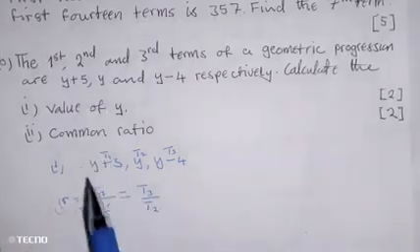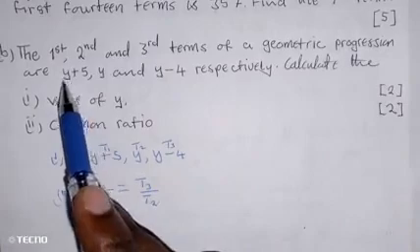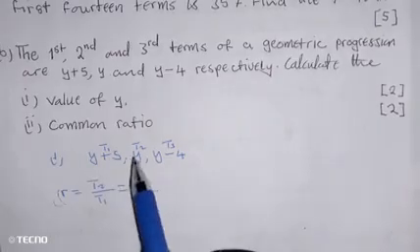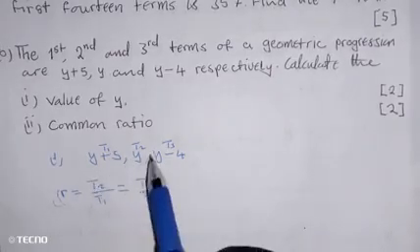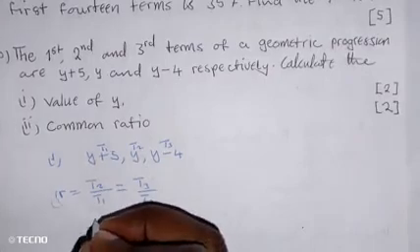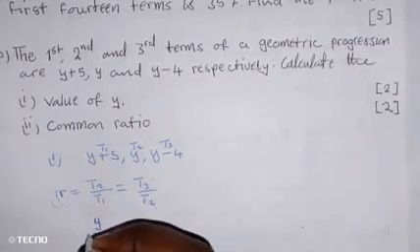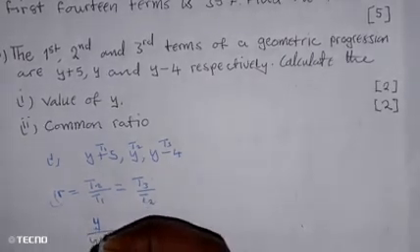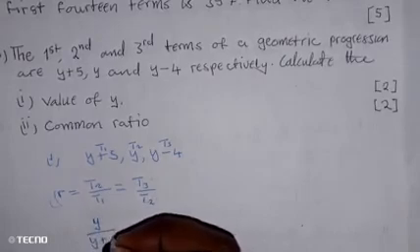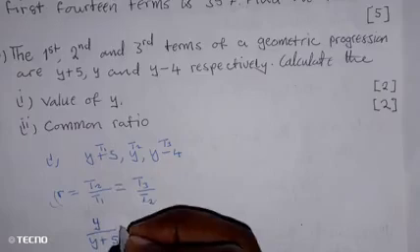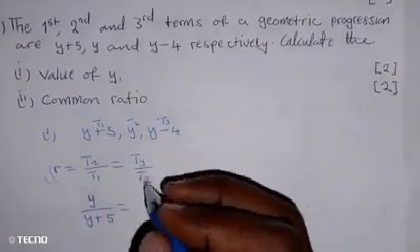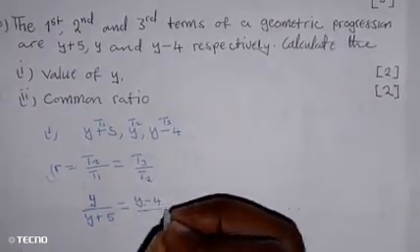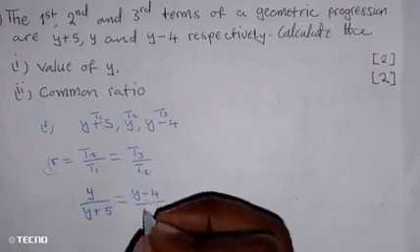So having this part, we are saying that where there is the first term, we replace it by y plus 5, and the second term by y. So here we'll say y over y plus 5 is equal to the third term, y minus 4, over y.